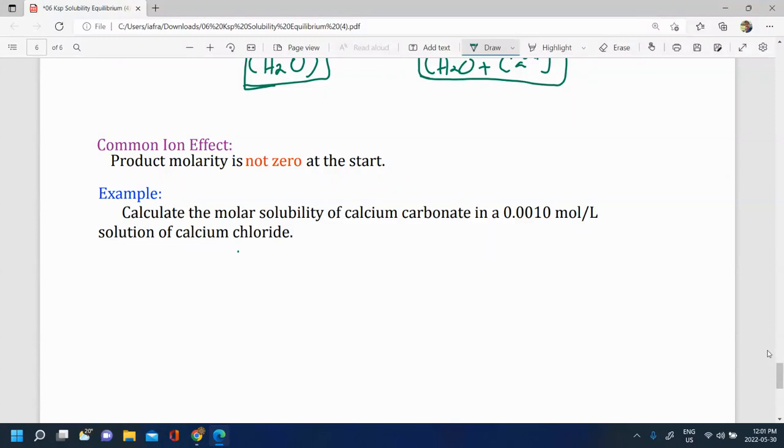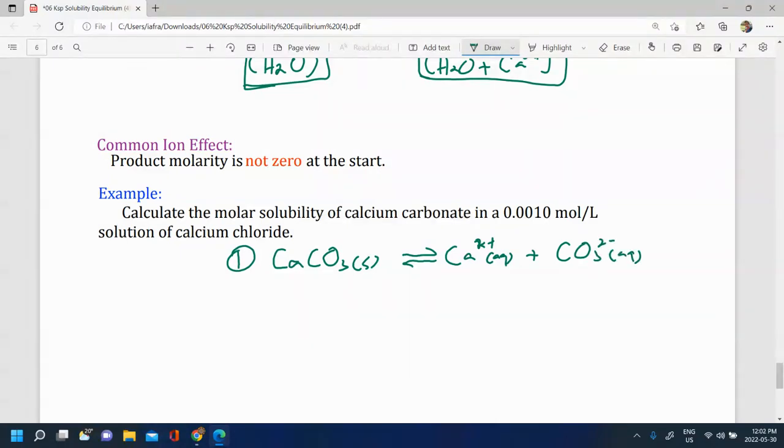Usually when we want to find the molar solubility of something, we make a dissociation equation. And that's what we're going to do, just as we saw in the previous example. And we're going to make an ice table.